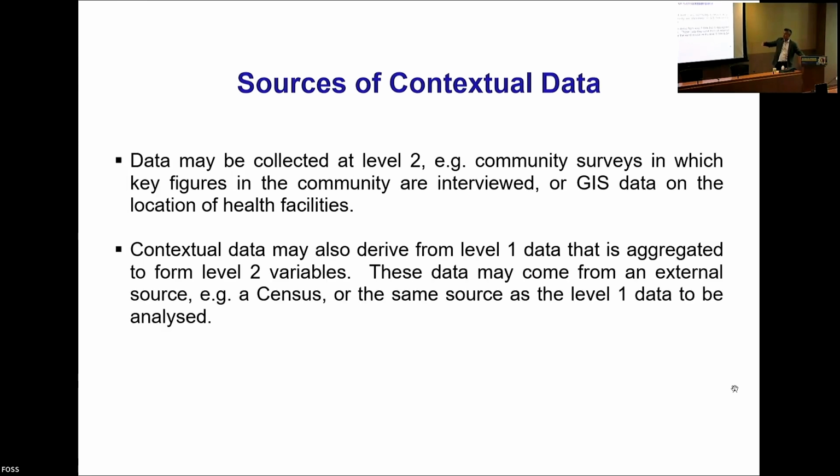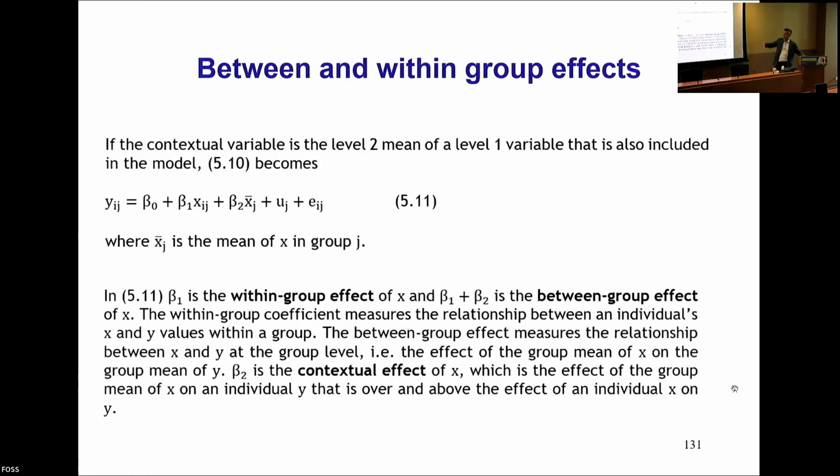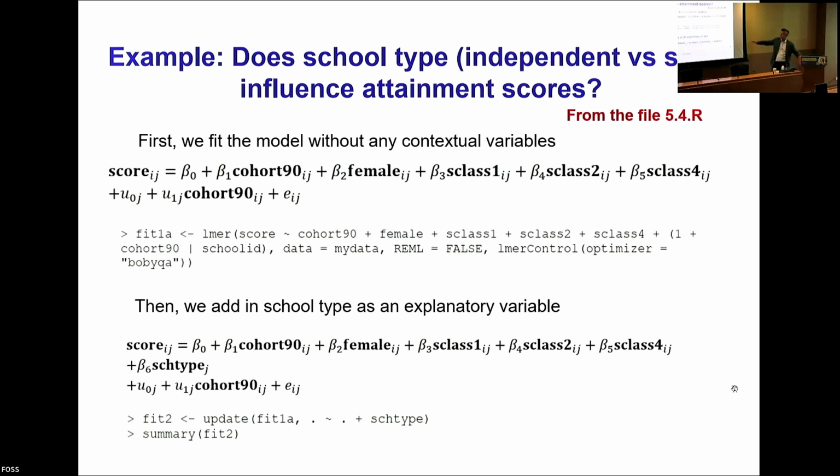So what we haven't done so far are adding in explanatory variables at level 2. So this is, again, using the same data set. We've got explanatory variables at the student level, cohort 96, the social class of the student. And then what happens when we add in explanatory variables at level 2? So the difference here is the school type has a J subscript.